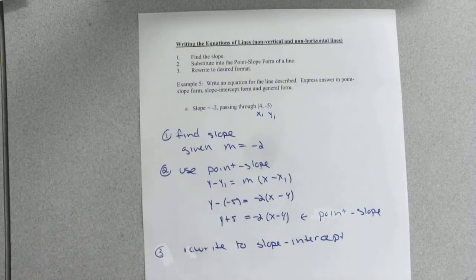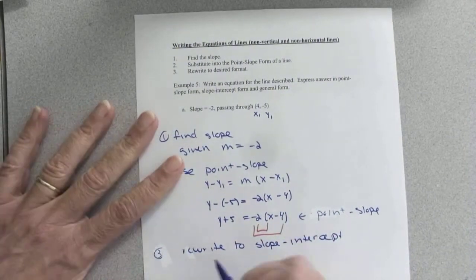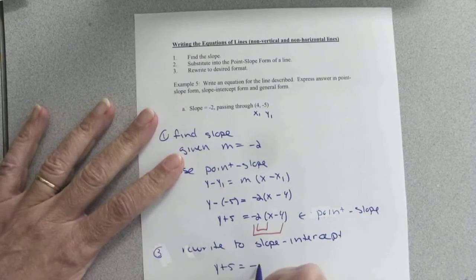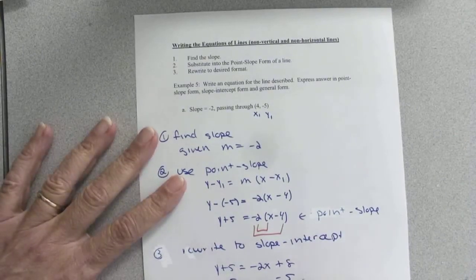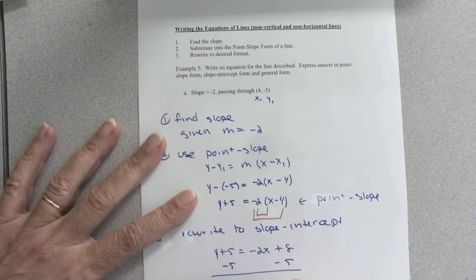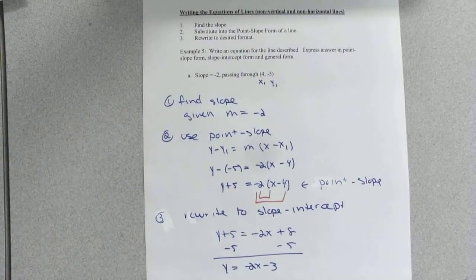I'm going to distribute first and get y plus 5 equals -2x plus 8. Then subtract the 5 from all the parts, and so y equals -2x minus 3. And there's my slope intercept.